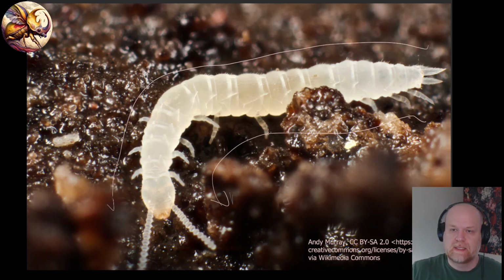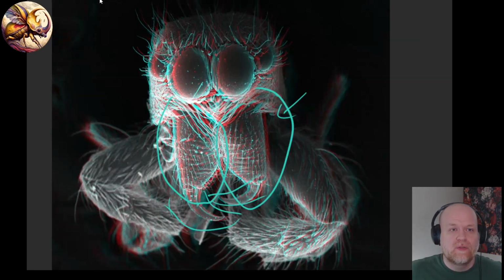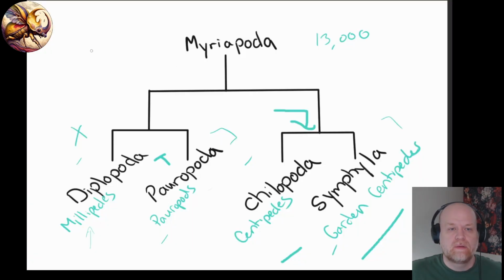They even have these end appendages, which is common in centipedes. But it's a very, very small group, only about 200 species, and they tend to be very, very small. And that's it. You could spend a lifetime going into all the myriapods, but that is all there is in general.